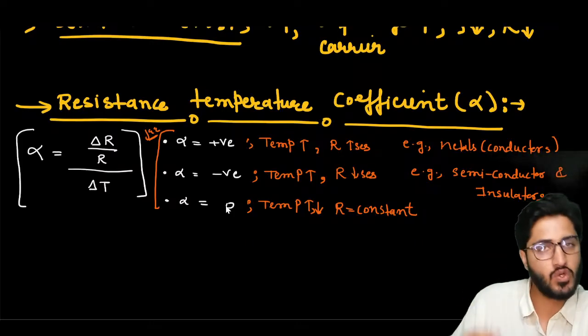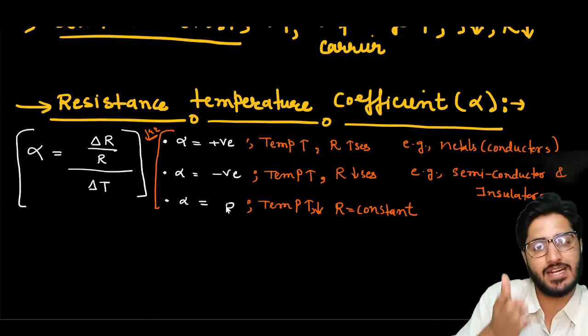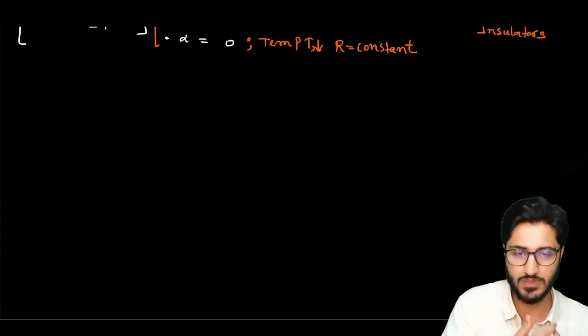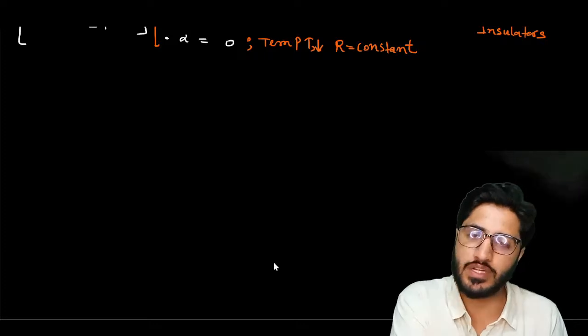Now, you know the equation R equals R naught (1 plus alpha delta T). Let us derive this equation now. How to derive it?